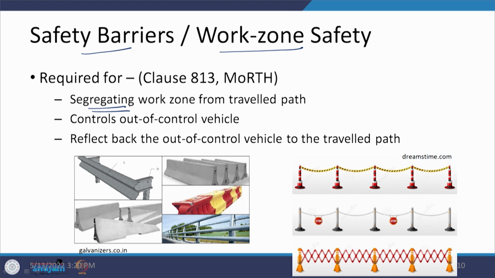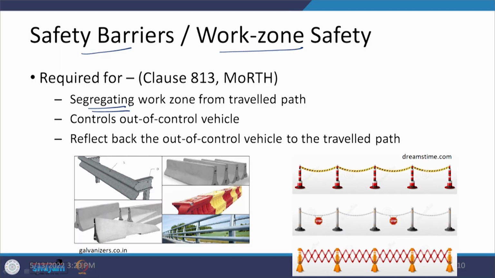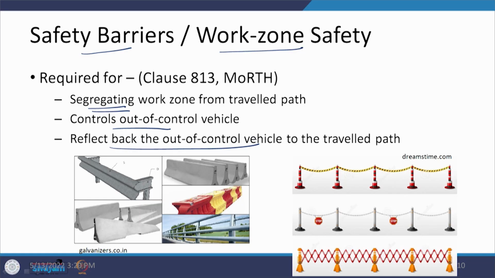Segregation is of the path or the lane on which the vehicles are moving with respect to the side where the work is going on, or there is a possibility that some vehicle has gone out of control, and therefore, that needs to be controlled so that no hazardous situation arises because of that out of control vehicle, or the system can be such that it reflects that out of control vehicle back to the traveled path. So, there are different things which have been utilized in different parts.